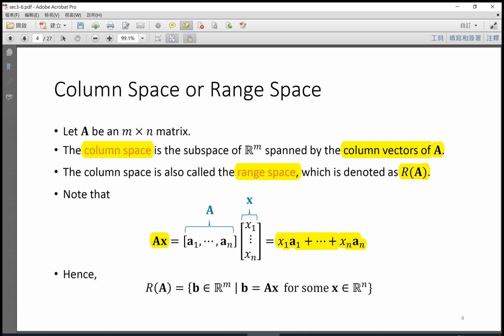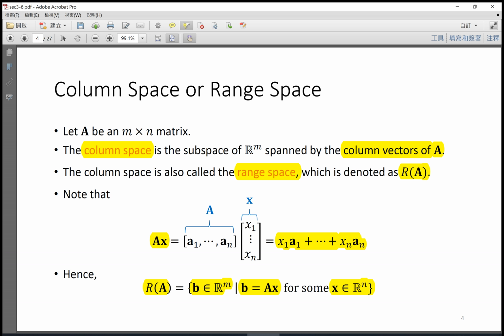Therefore, we can rephrase the definition of R(A) as the set. Here, we use the braces to denote a set, the set of b in R^m, such that b can be expressed as Ax for some x in R^n. This is the precise definition of R(A) in terms of mathematical language.